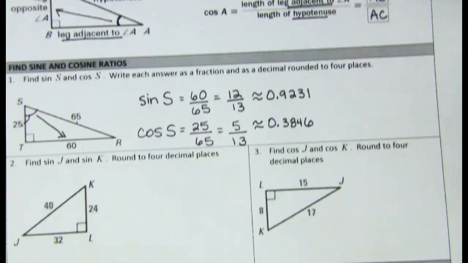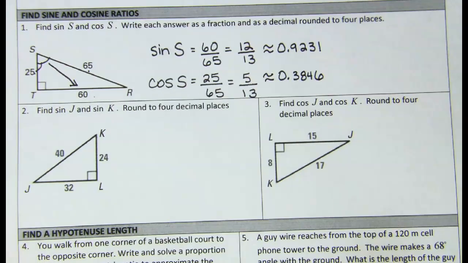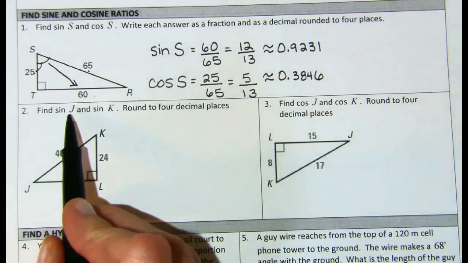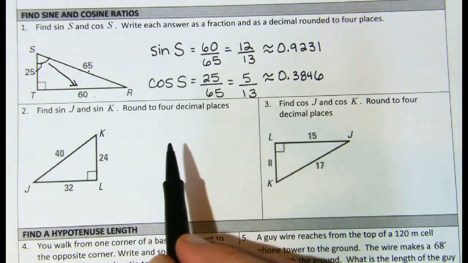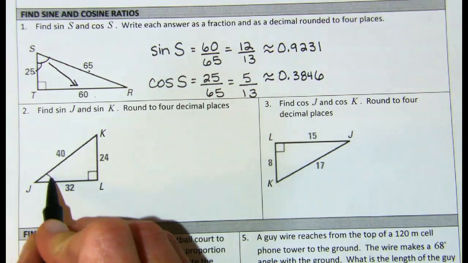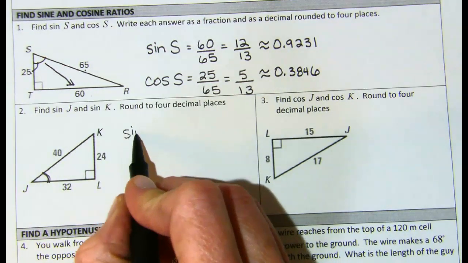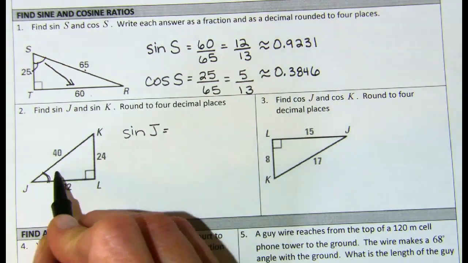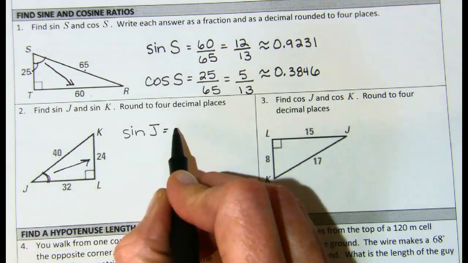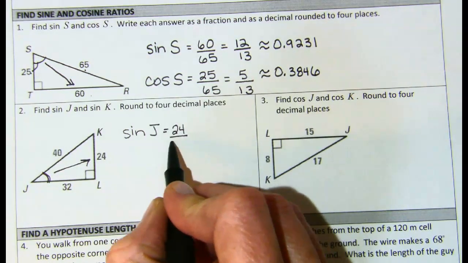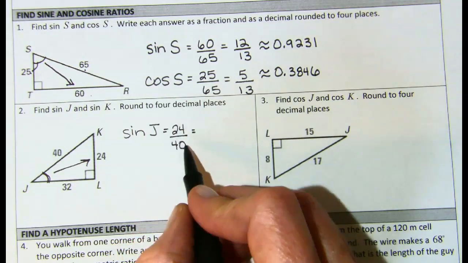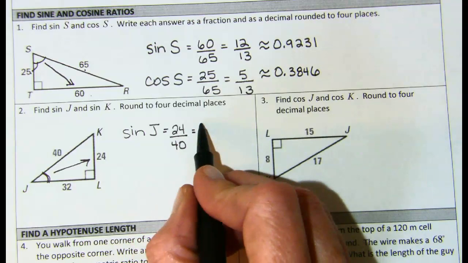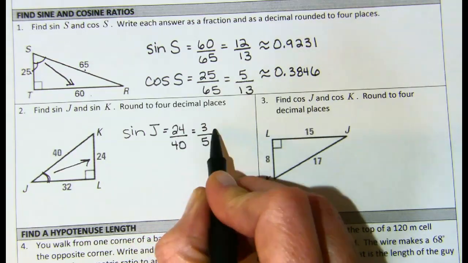So now let's look at number 2. It says find sine J and sine K, round to 4 decimal places. So first let's mark J. Sine J is opposite over the hypotenuse, so 24 over 40. Reduce this one down, this time by 8, so that'll be 3 over 5.